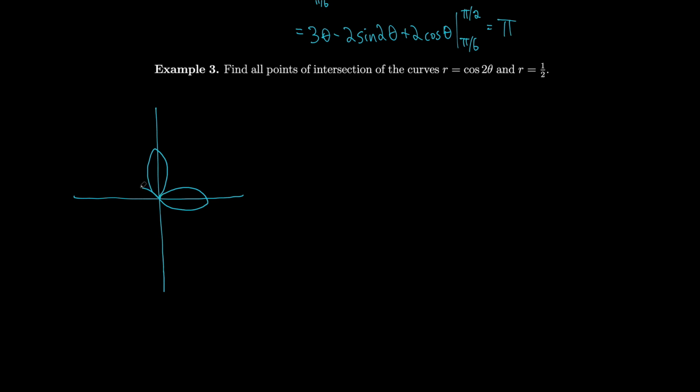Alright, 2 down, 3 down, and I think that's 4. Okay, and we need a circle. So first let's label this r equals cosine 2 theta, and let's get our circle.